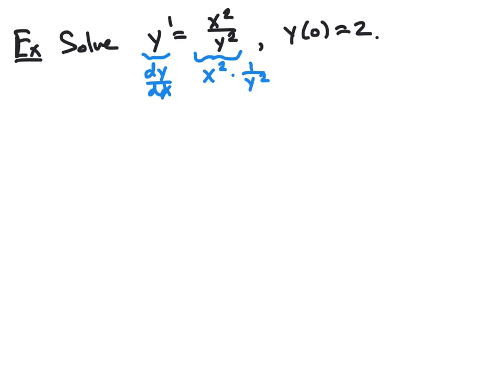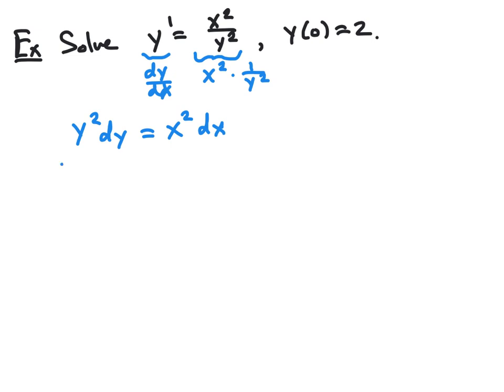So if we multiply by y squared, we'll have a y squared dy on the left side. And if we multiply by dx, we're going to end up with x squared dx on the right side. And so this is our separation of variables. We're putting all of the y's on one side and all of the x's on the other.